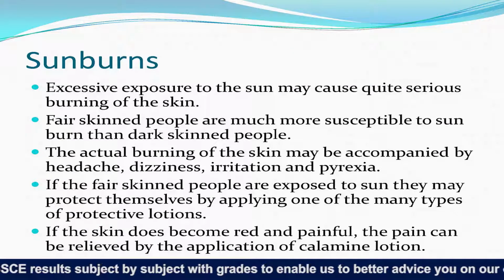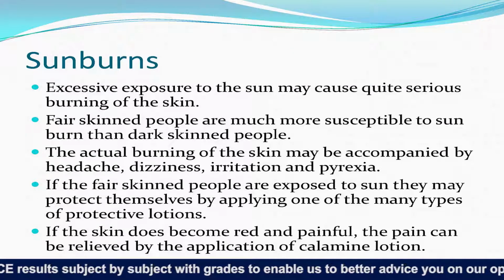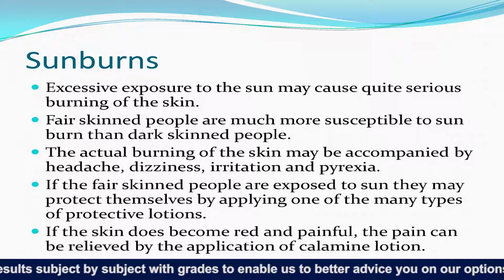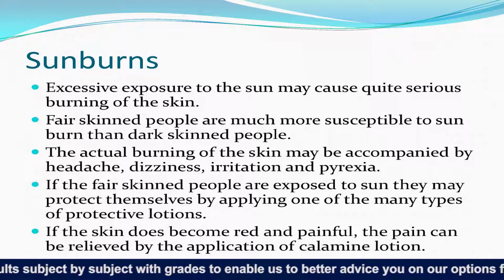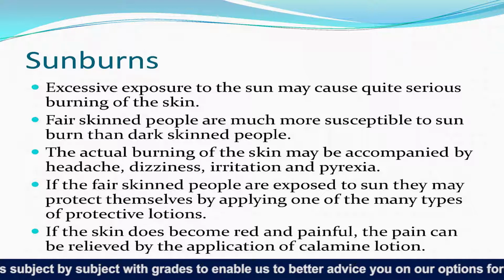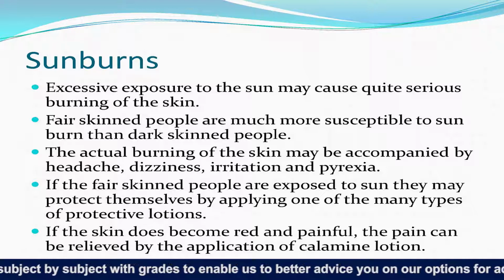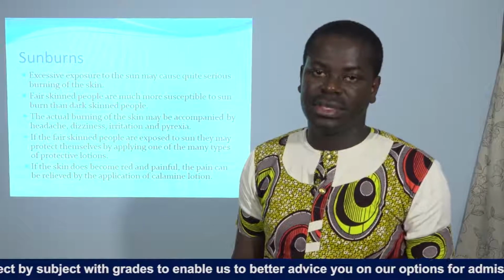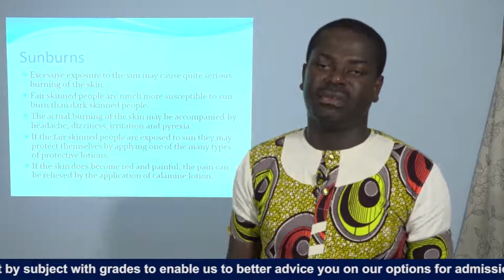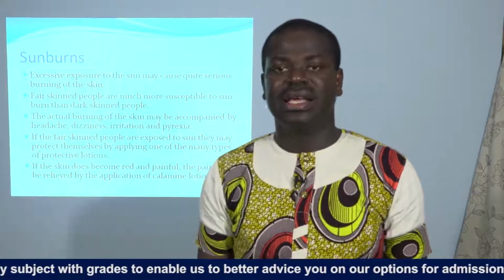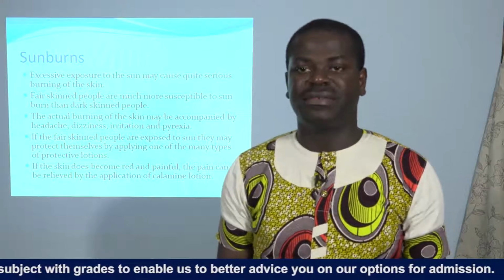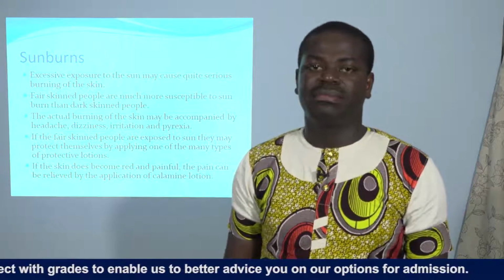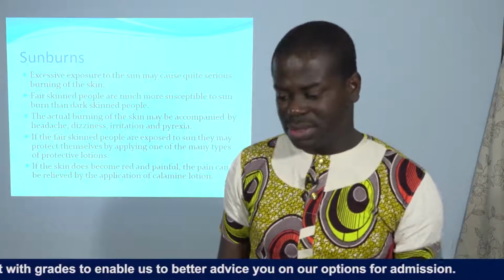Sunburns. Excessive exposure to the sun may cause quite serious burning of the skin. Fair-skinned people are much more susceptible to sunburns than dark-skinned people. The only reason is melanin, because dark people have a lot of melanin in their skin, and light-skinned people have some melanin, but not many.